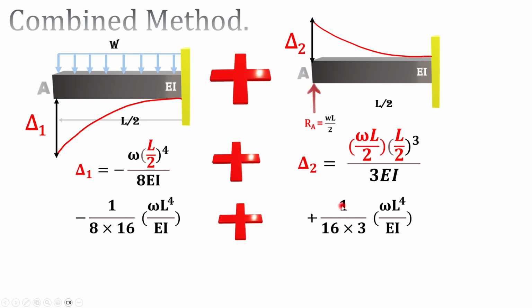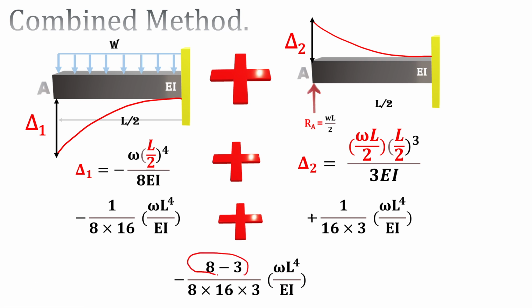If you add these two up together, it just gives you a negative 8 minus 3, which this part is positive.